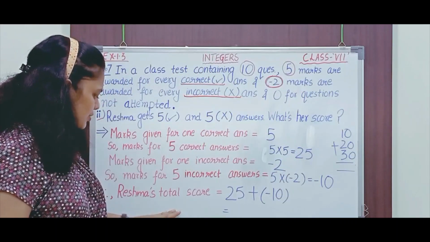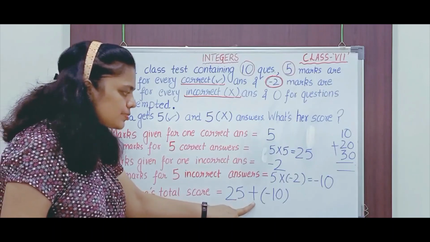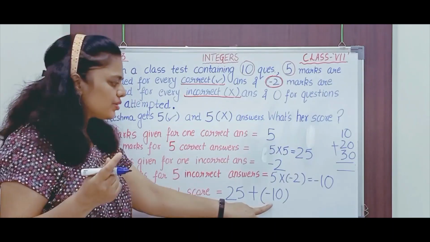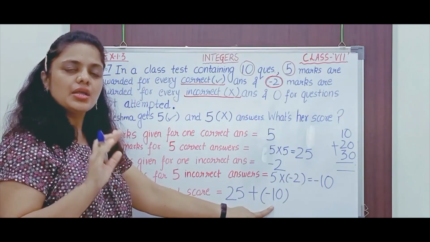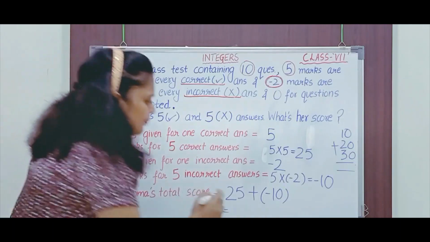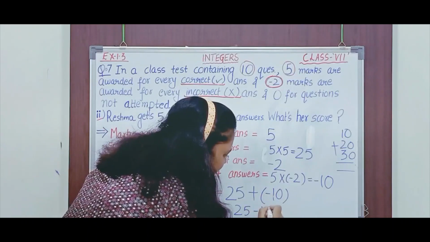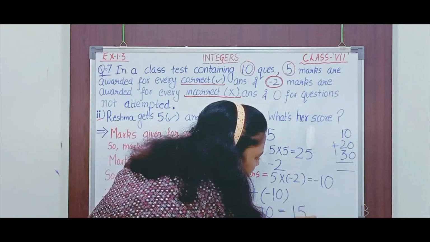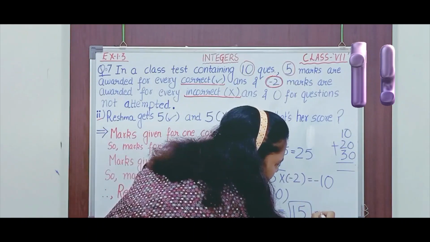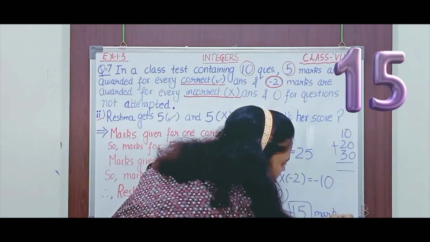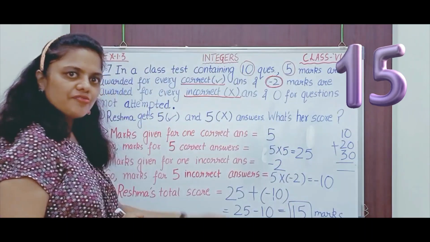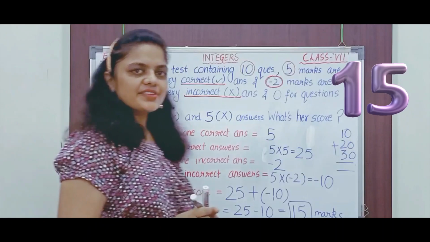But in this case also, Reshma's total will always be added. Whatever is negative, you enclose it in brackets. Otherwise, for total, always put a plus sign. So it would be 25. Plus minus is always minus, which is 15 marks. So what is Reshma's total score? 15 marks. So this was the answer for the second part.